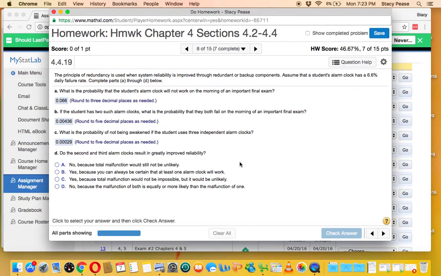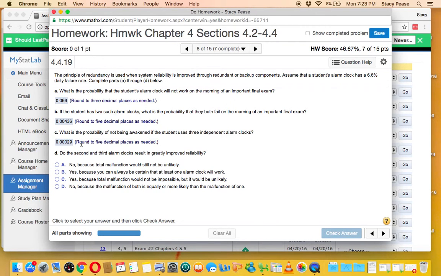Okay, and what they want to know here, in this last part, part D, don't get tripped up by this. Do the second and third alarm clocks result in greatly improved reliability? So what they're asking is, here you have a 6.6% chance of missing your alarm clock. Here you have less than a 0.5% chance of your alarm clock not going off.